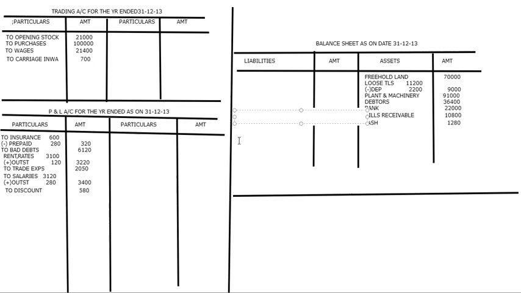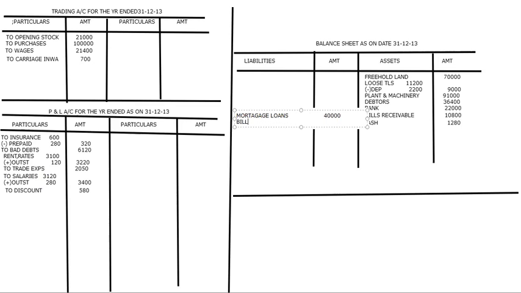So here I'm going to write mortgage loans. Mortgage loans means it's a kind of a loan. We are going to get it by keeping our properties as a security.